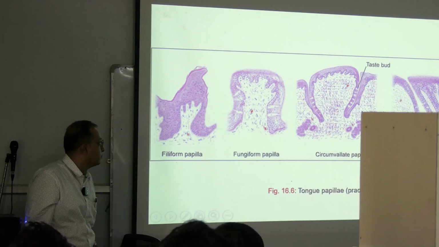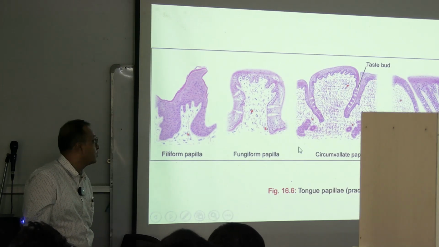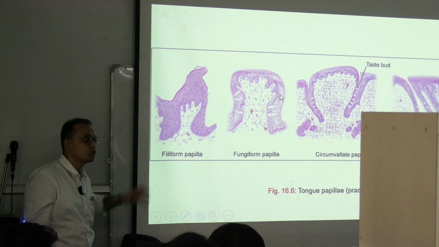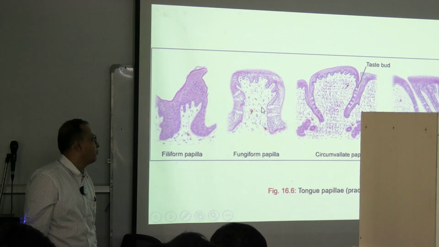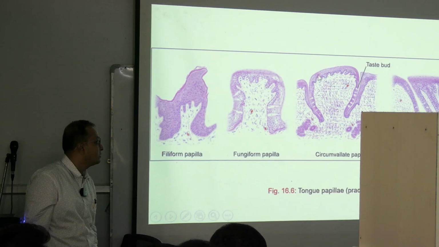Then we have the fungiform and circumvallate papillae. They look like bulbous things, like mushrooms, so they are known as fungiform papillae. The circumvallate papillae have the same look but are truncated and flatter, and they have narrow slits on the lateral margins.